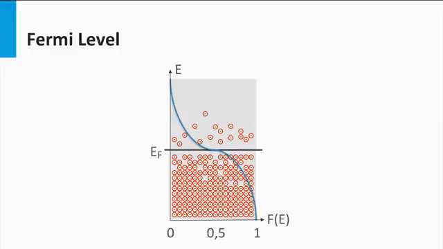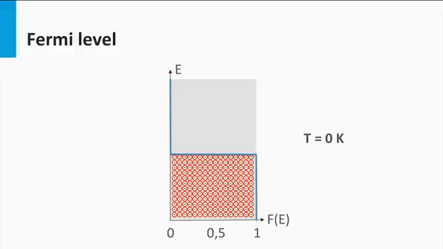The shape of the Fermi-Dirac distribution does change with temperature. At absolute zero, which means a temperature of 0 Kelvin or minus 270 degrees Celsius, the function looks like a step function. The probability to occupy a state below the Fermi level is 100%, whereas the probability above the Fermi level is 0%.